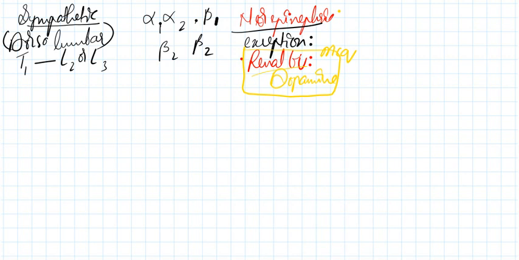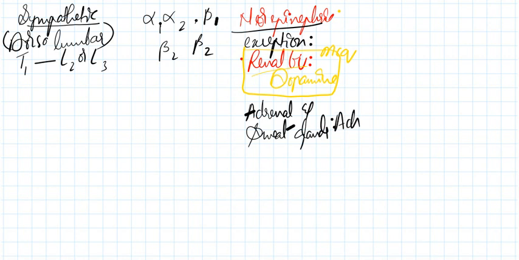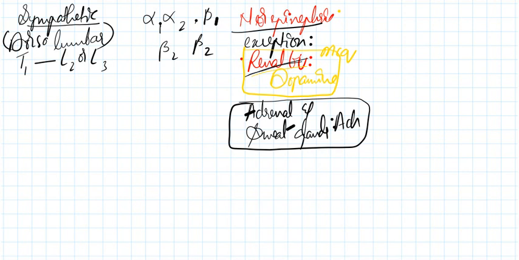Okay, and there is one more exception, that is adrenal glands and sweat glands, where the neurotransmitter is acetylcholine. This is also a potential MCQ. So there are three things where, even though they belong to the sympathetic system, norepinephrine is not the neurotransmitter.